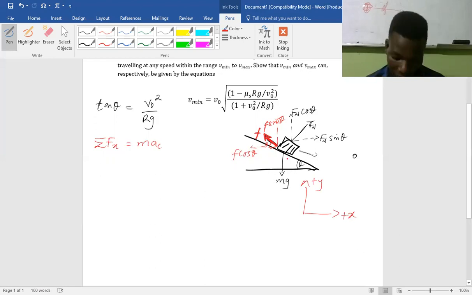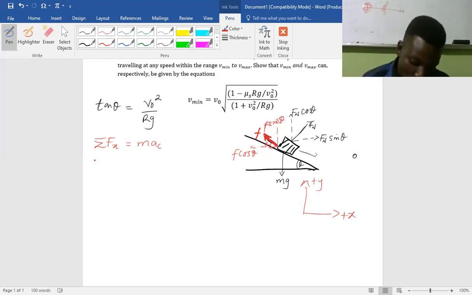The net force in the horizontal will be the difference of the horizontal component of the normal force and the horizontal component of the friction force, because they are on the same axis but in opposite directions. So we are going to have normal force sine theta minus friction force cos theta.